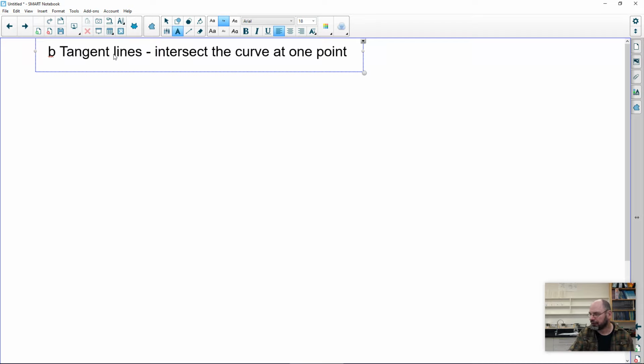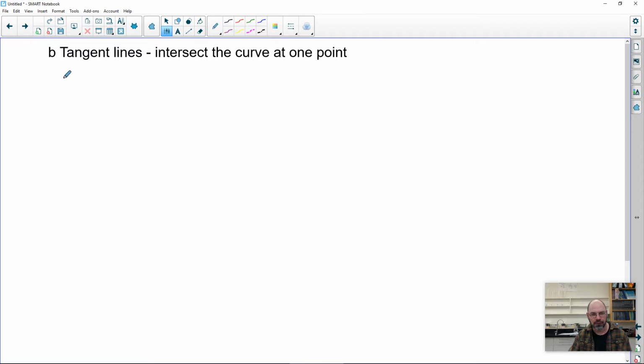If we have a parabola, say a quadratic that goes up this time, like that, and we draw a line just touching at one particular point, this is what a tangent line would look like. And then, of course, we'd have an arrow on both ends for a line.